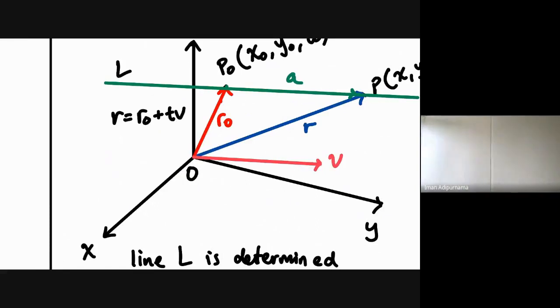So if you change the value of t, you can trace your vector positions on the line L, the green line.